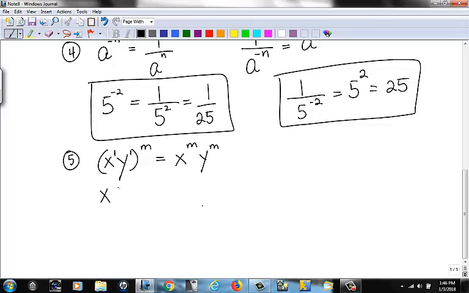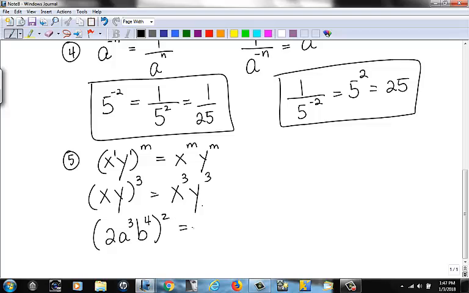If they had (xy) raised to the third, then that'd be x to the third, y to the third. That exponent on the outside of the parentheses applies to both of them on the inside. Let's say I have (2a to the third, b to the fourth) raised to the second power.